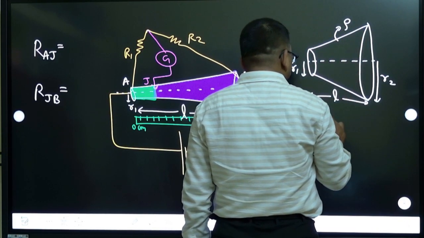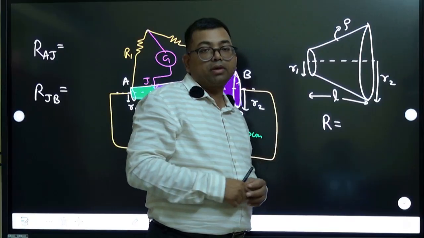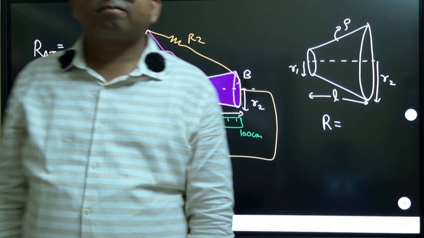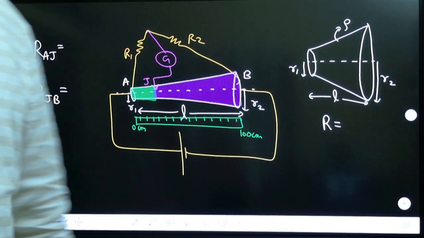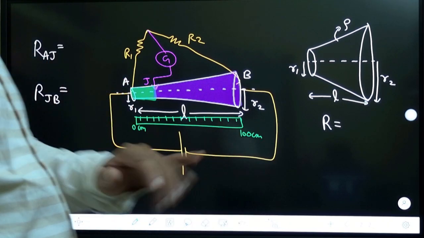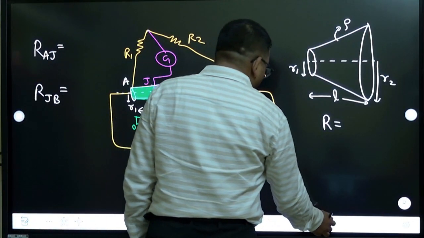Then what is the resistance of this wire? First of all, you should know the formula for the resistance of a wire whose radii are different. Do you know that? Otherwise, you need to derive it. Let us do the derivation first.